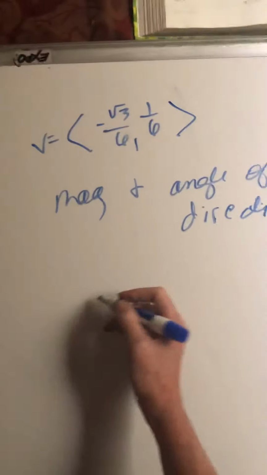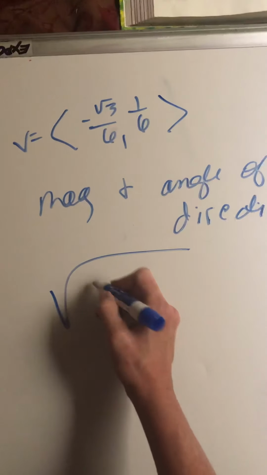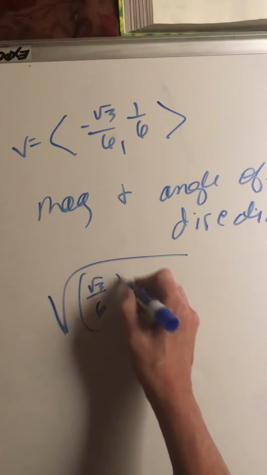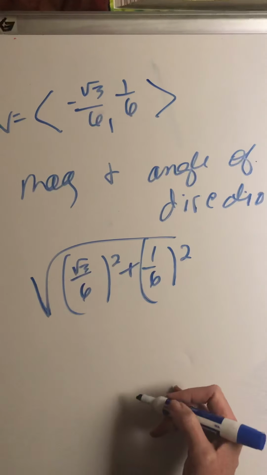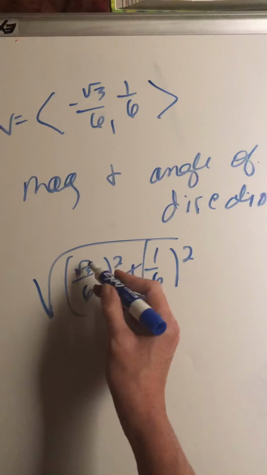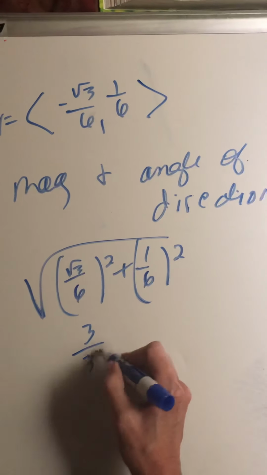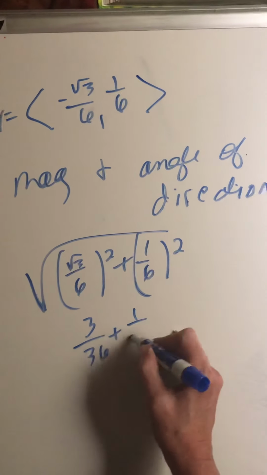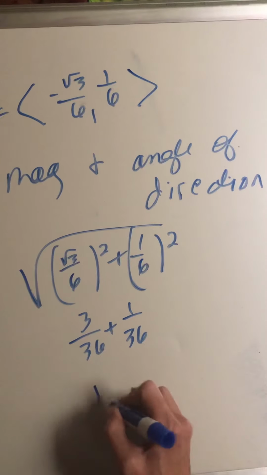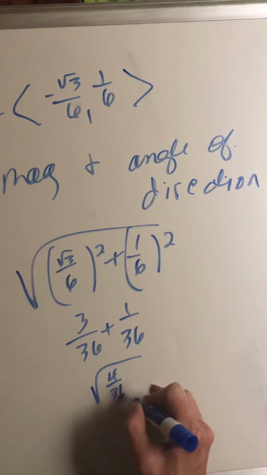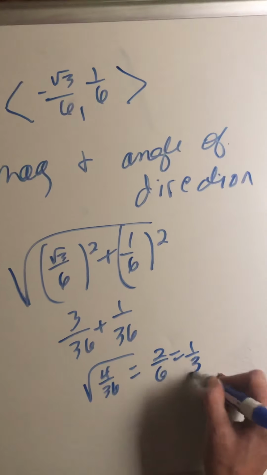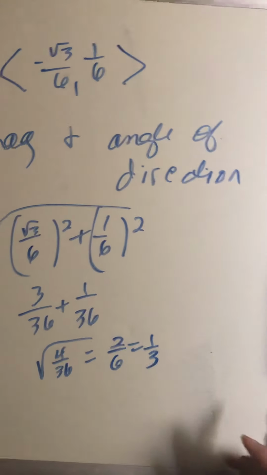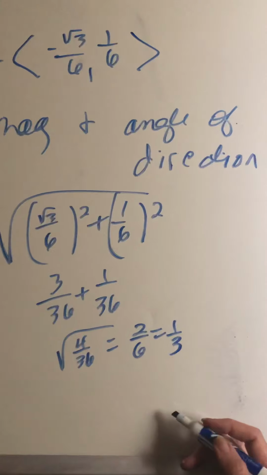So magnitude, it's the square root of square root of 3 over 6 squared plus 1 over 6 squared. So square root of 3 squared is 3, 6 squared is 36. 1 squared is 1, 6 squared is 36. So that would be the square root of 4 over 36, which would be 2 over 6, or 1/3. There's your magnitude. You leave it as 1/3.